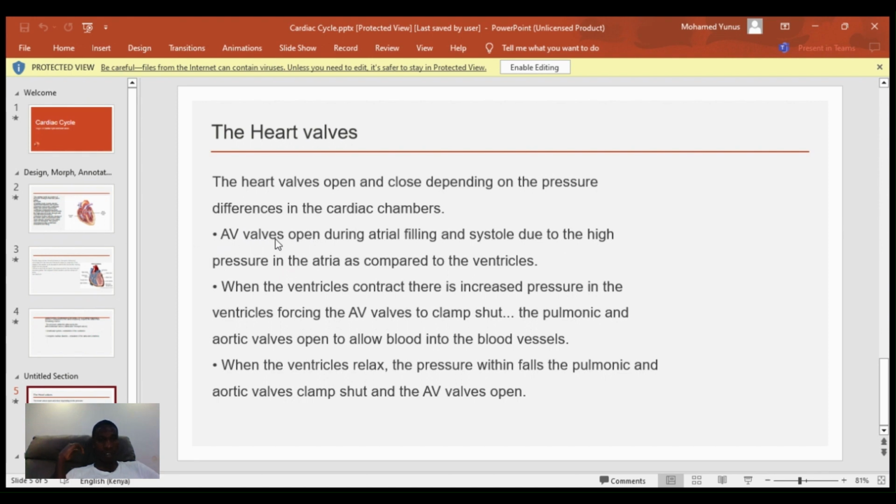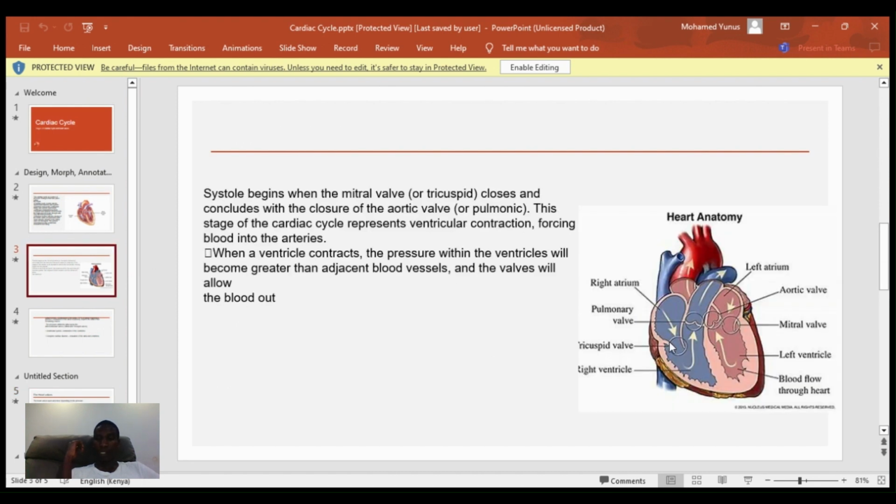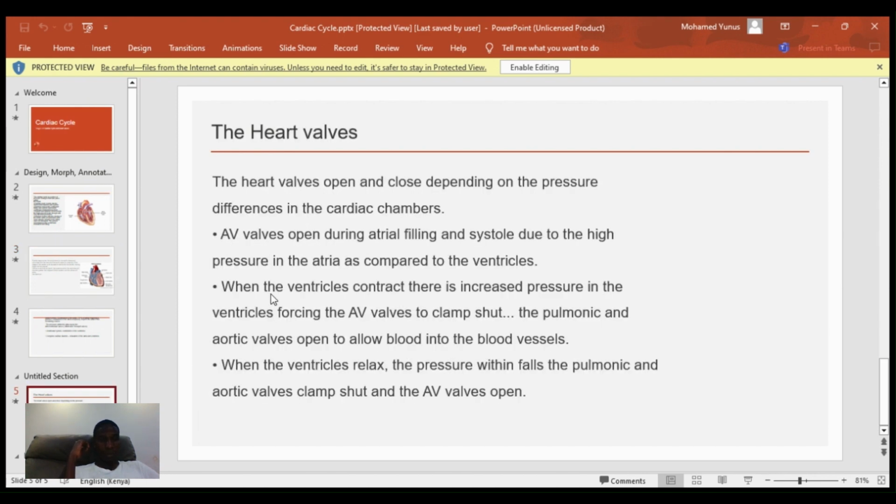The atrioventricular valves open during atrial filling and systole due to the high pressures in the atria compared to the ventricles. That's the tricuspid and the mitral valve. They will open due to the high pressures within the atria and allow blood into the ventricles.